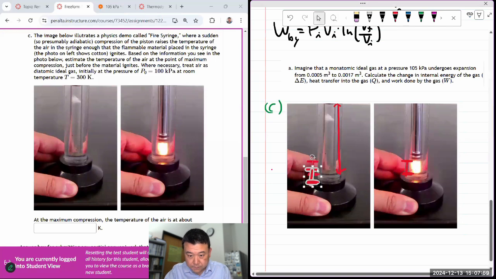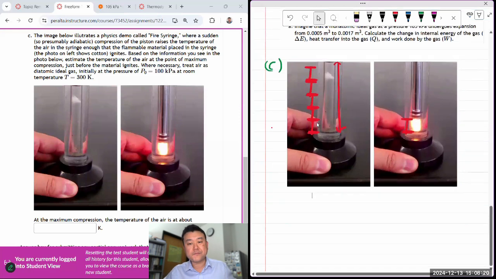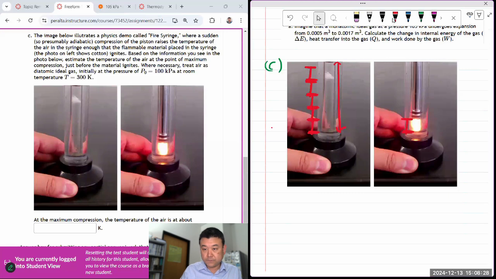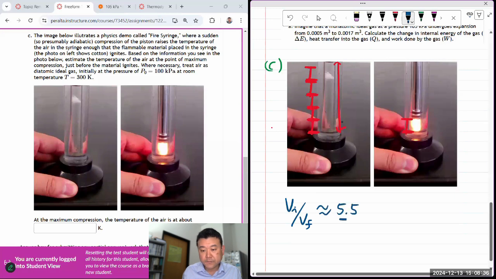Here's one of it, two of it, three of it, five of it, 6 of it, maybe 6.5. Let's say 6.5. Close enough. So actually, 1, 2, 3, 4, 5, 5.5. So from this rough measurement, what I can say is that V initial divided by V final is about 5.5.